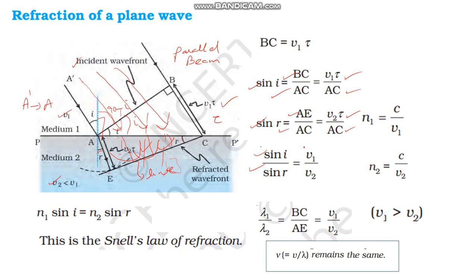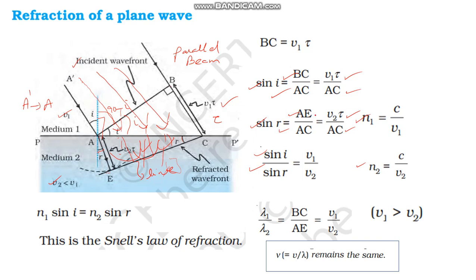Now let us introduce the refractive index. Refractive index is defined as the speed of light in air divided by the speed of light in the particular medium. So here, in medium 1 the speed is v1, so the refractive index n1 is equal to c by v1. Similarly n2 is equal to c by v2.